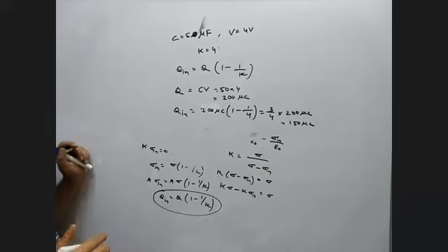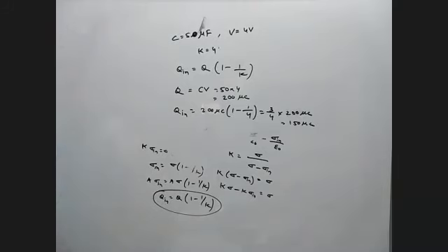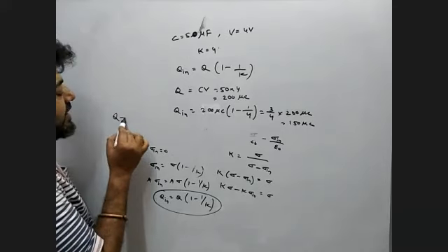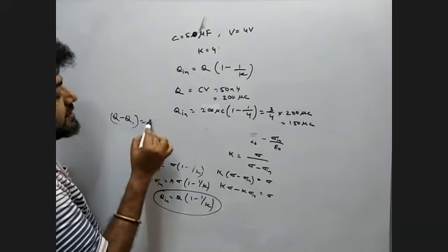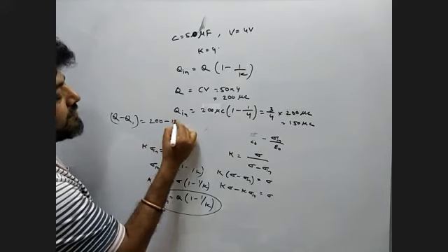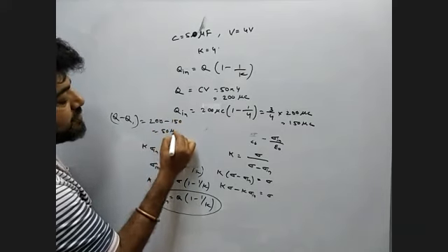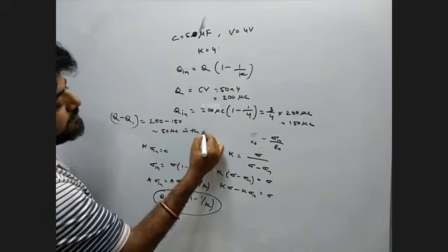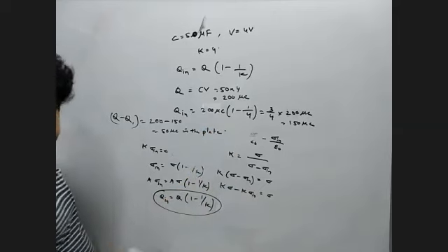And if the question asks how much charge is induced on the plate, then you can write Q minus Q induced, that is 200 minus 150, that is 50 microcoulomb on the plate. Everyone, is it okay?